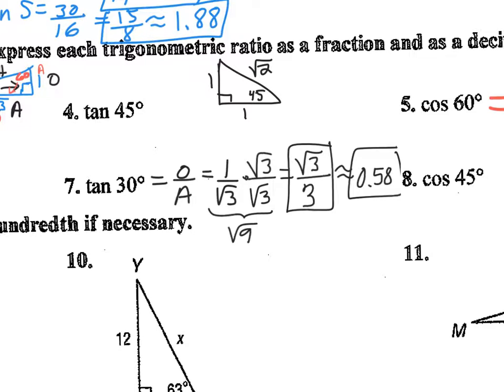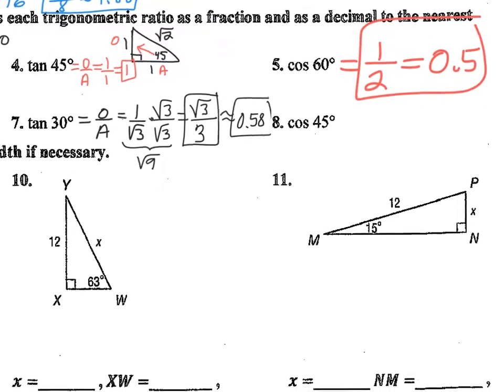Okay, so if they want me to get tangent of 45, this is the opposite, this is the adjacent. So opposite over adjacent, that would be what? 1, because it's 1 over 1, which is just 1. And then for number 8, they want cosine of 45.